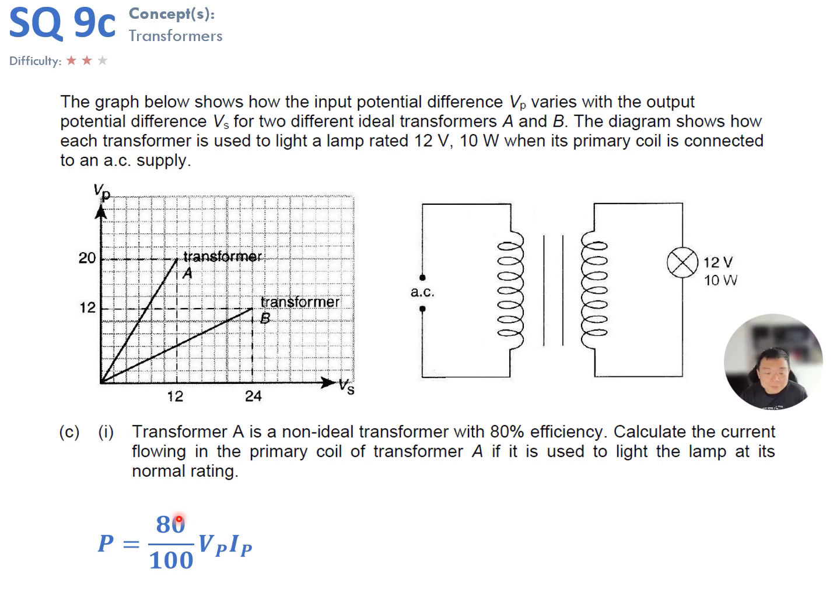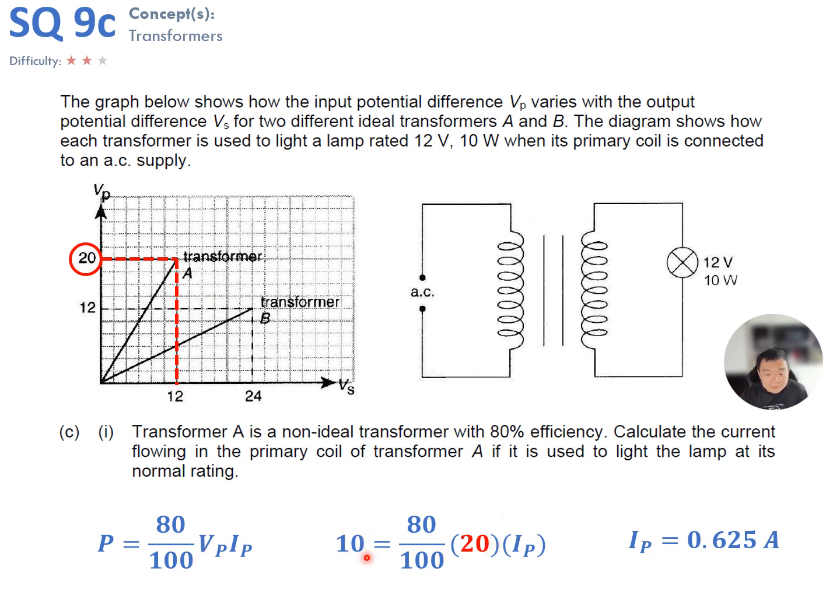So with this, we can now use the power rating to plug in the unknowns here. Same thing, the secondary voltage needs to be 12 volts to let the lamp light up normally. So secondary coil Vs being 12 volts means that primary voltage Vp is 20. So we can plug in Vp is 20 here.